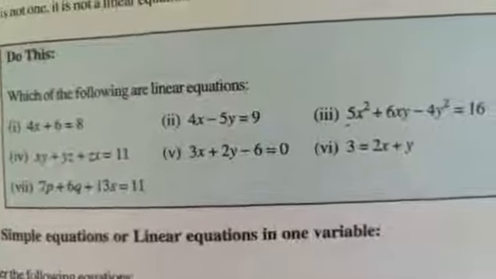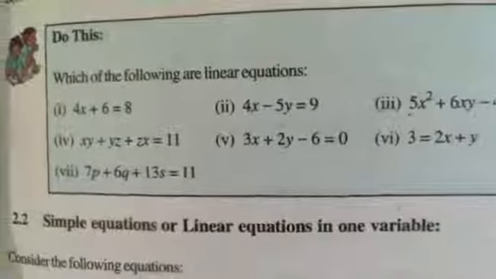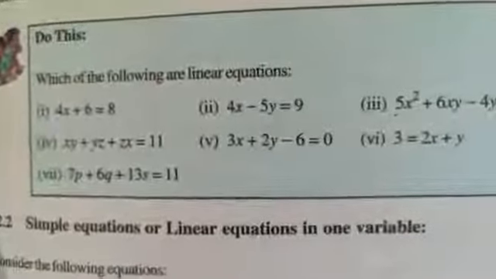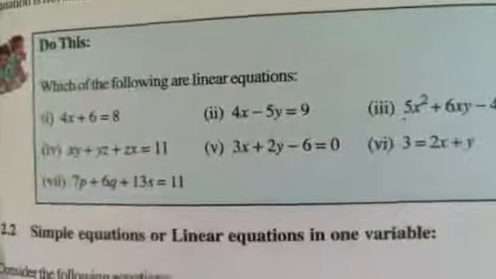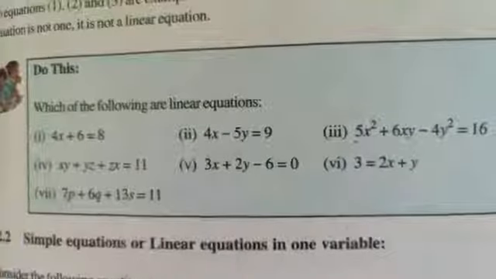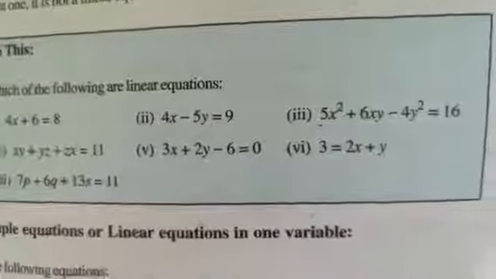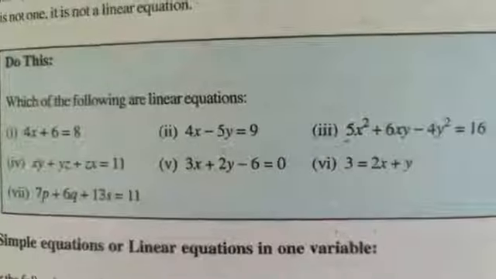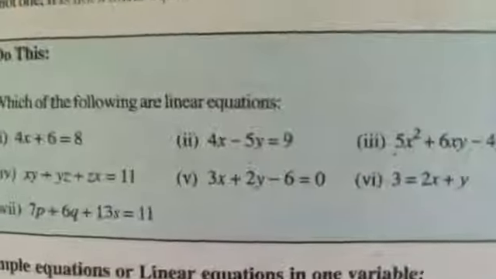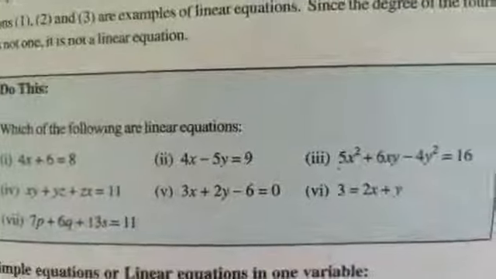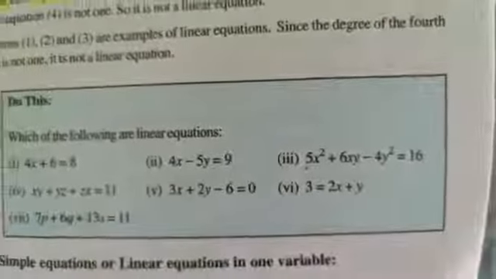Sixth one is also a linear equation in two variables. Seventh one is a linear equation in three variables, P, Q, R, S. But the degree of each term is 1, so the highest degree of the equation is 1. So these are linear equations. We can classify like this, which are linear equations or not.